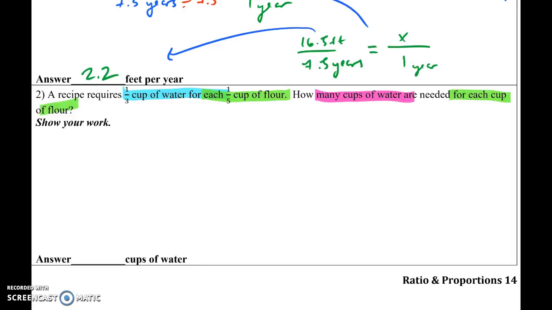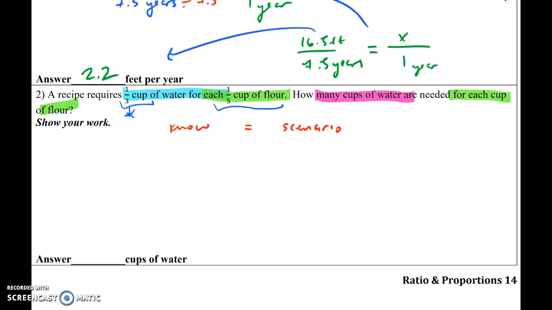All right, so some of the key numbers that we have here are 1/3 cups of water and 1/5 cups of flour. All right, and if you recall when we did scaling and proportions in RP2, the way to set up a proportion is what you know, and we're going to set it equal to what we want to know, or we could even look at it as some kind of a scenario.